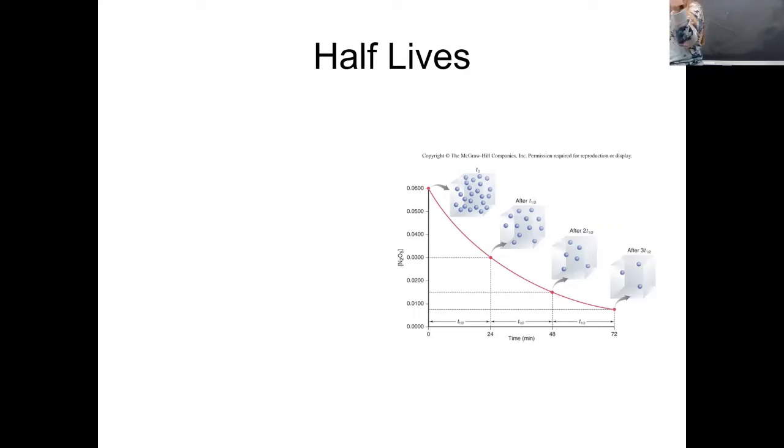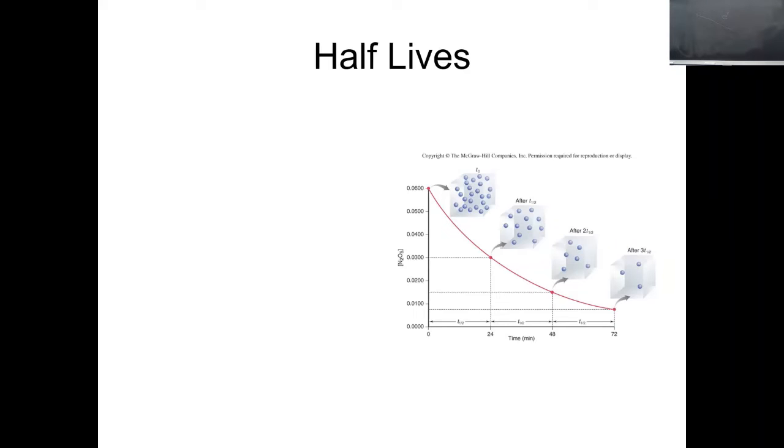Okay, so I've just taken twice the amount of time to go to an eighth that it took to go to a fourth. Or if I look at it this way, if this had been my starting amount, it would have taken me 24 minutes. So it took the same amount of time to go halfway, whether I was starting at 0.06 or 0.03. So let's see if this holds true for the last little bit.